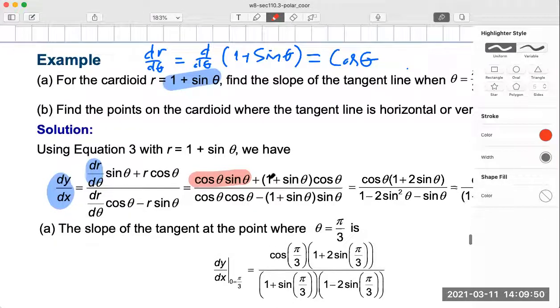So we will replace it here. Okay. Times cosine here. In the denominator, a similar story. dr over d theta is cosine theta here, times cosine theta, minus r, which is given by this form. Therefore, we have this. Okay.